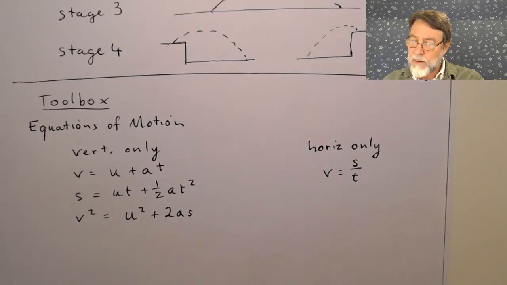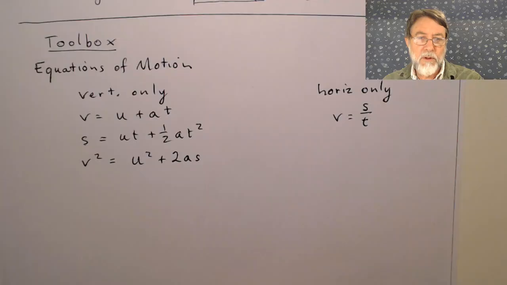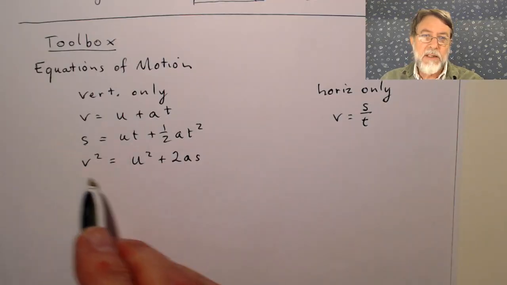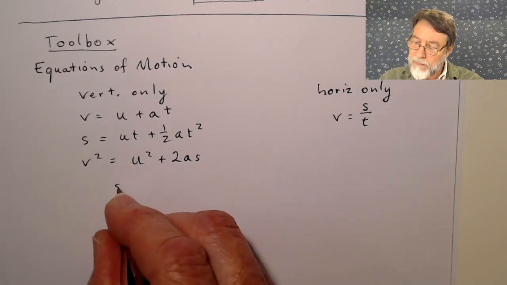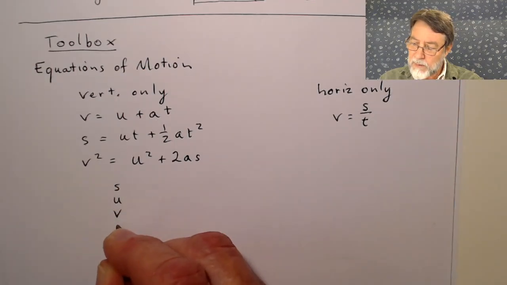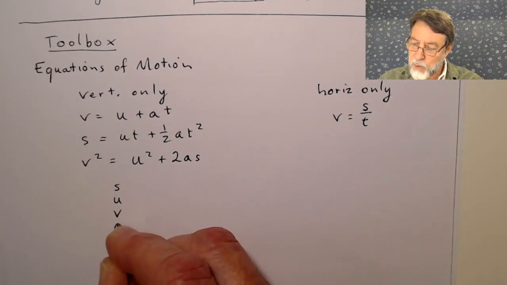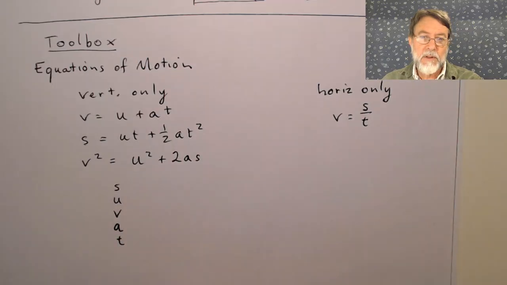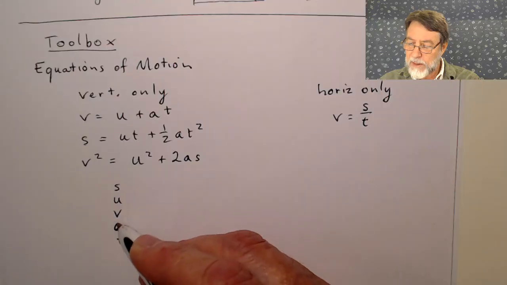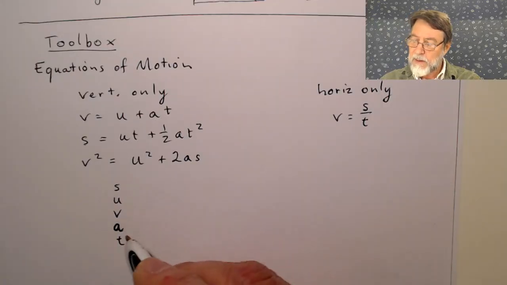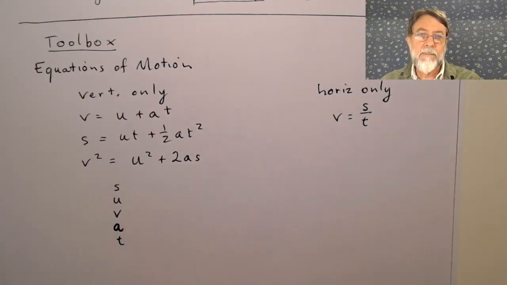Let's notice some things about these. I think it's helpful to notice that in these equations and in any others that apply, there are only 5 variables. That's it, no more, just those 5: displacement, initial velocity, final velocity, acceleration, so A, acceleration, and time.